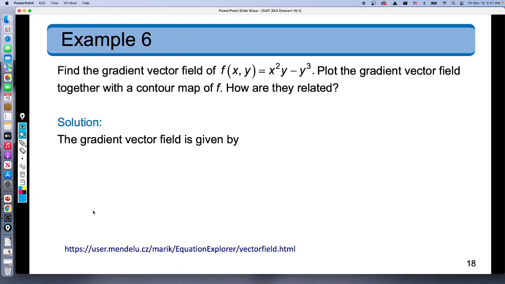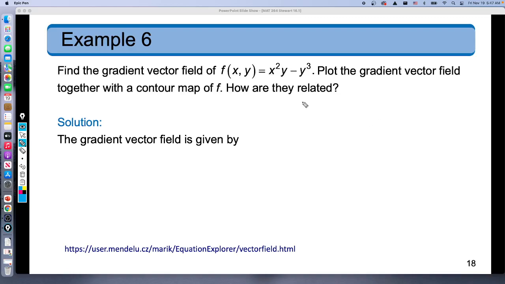Okay, so let's take a look at one example here. We're asked to find the gradient vector of one that's given. So we're in 2 dimensions, fortunately. I guess we could go to 3 dimensions, not a big deal. Plot the gradient vector field together with a contour map of f. How are they related? So first we want, again, the gradient field.